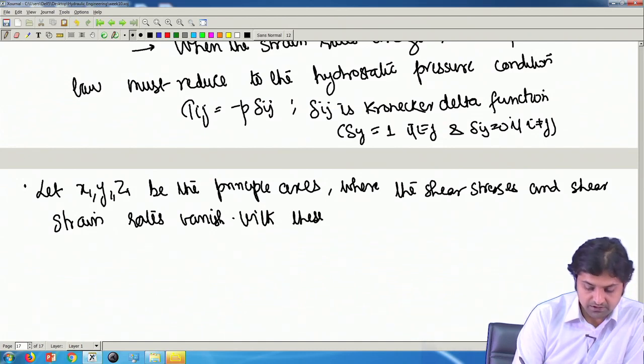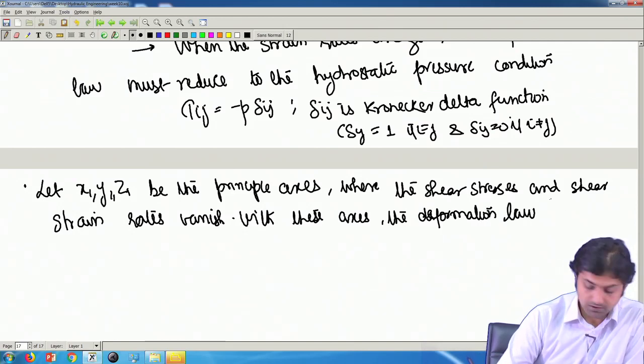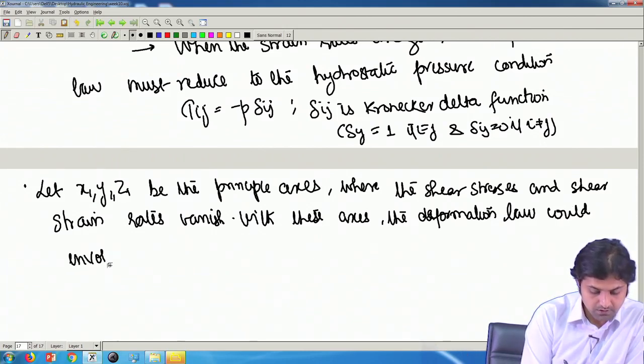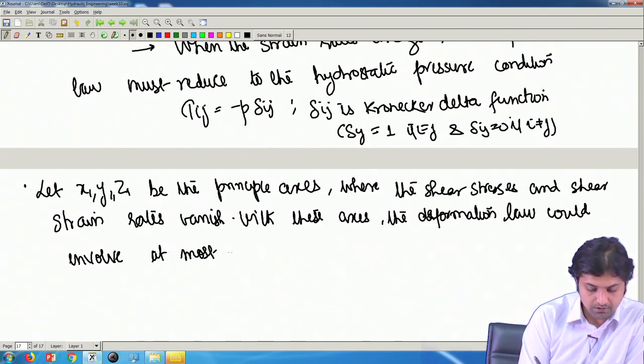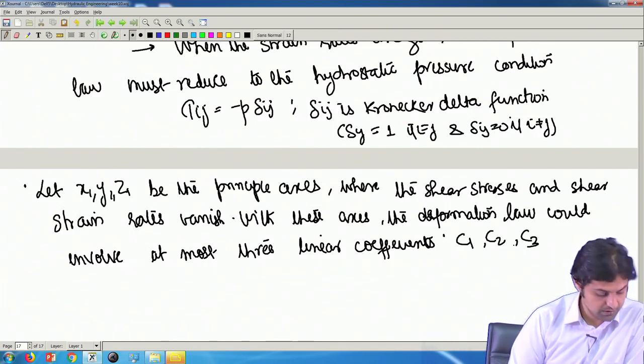With these axes, the deformation law could involve at most 3 linear coefficients C1, C2 and C3.